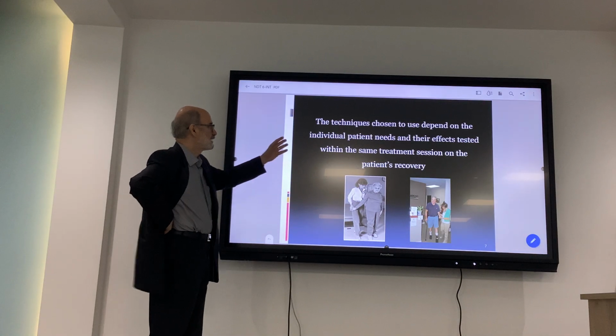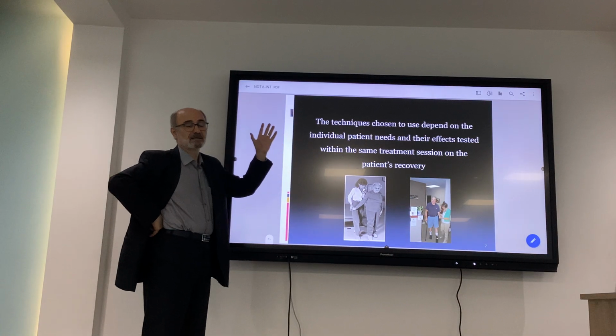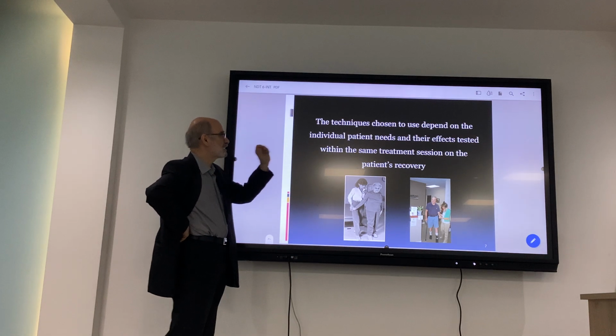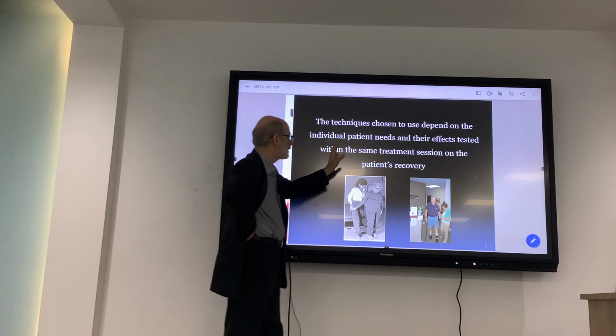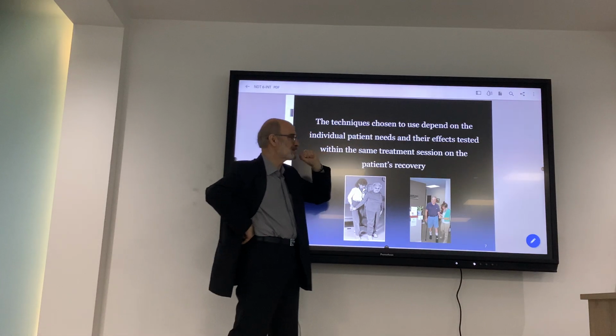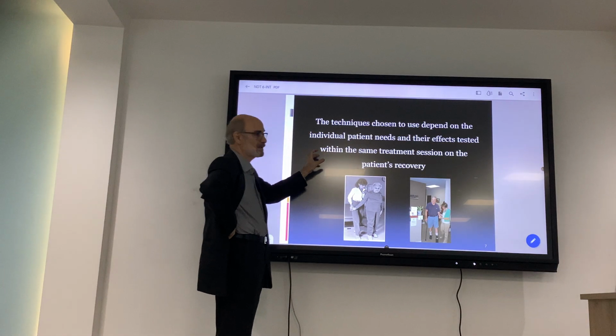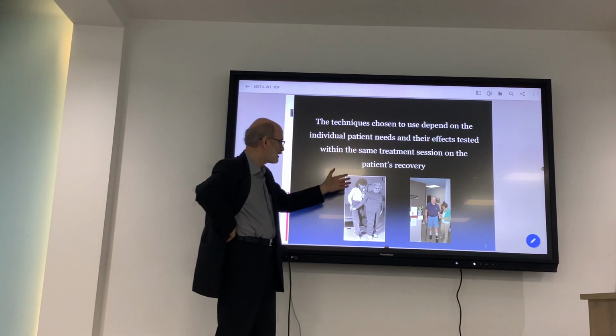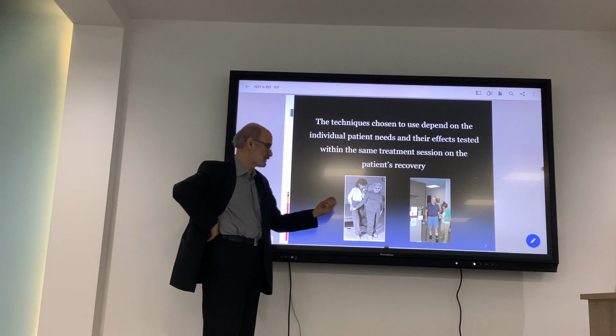Therefore, the techniques selected and used depend on the individual patient's needs and their effects tested within the same treatment session on the patient's recovery.